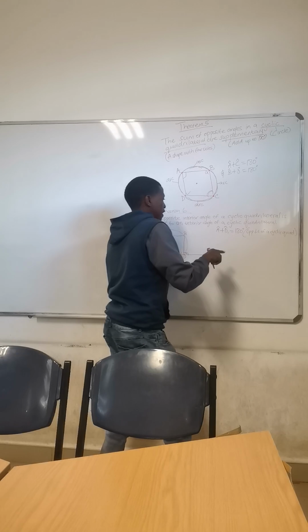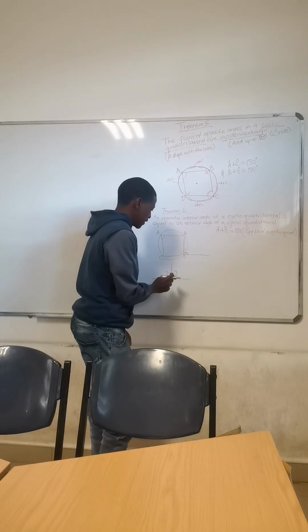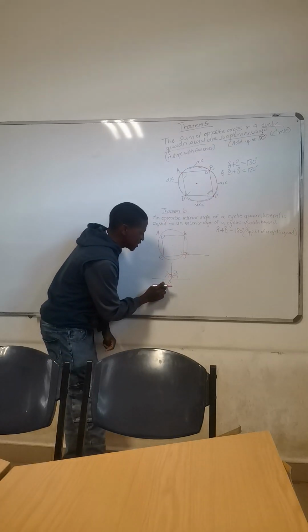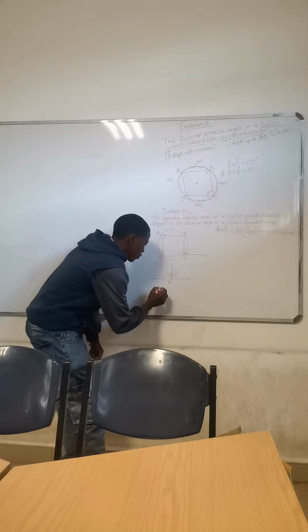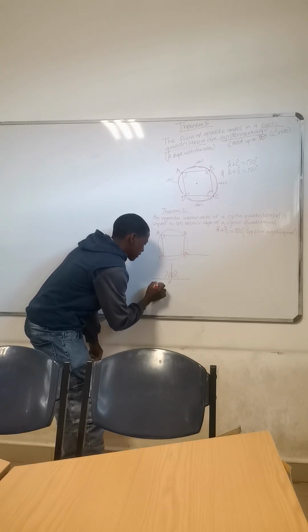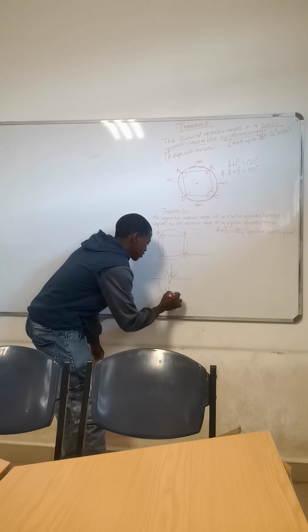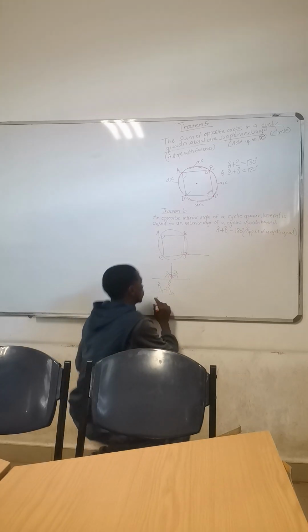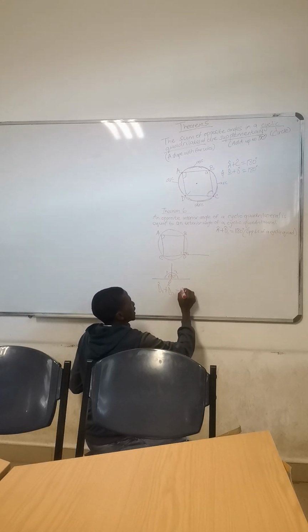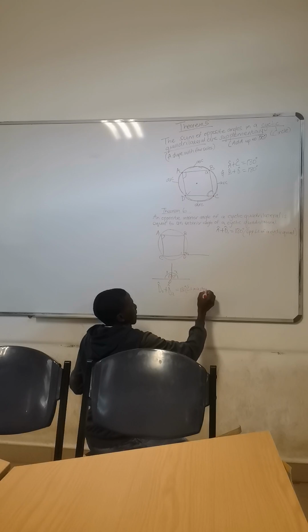And then you come back again. In this straight line, we have D1 and D2. The sum of D1 and D2 is equal to 180. Reason being angles on a straight line.